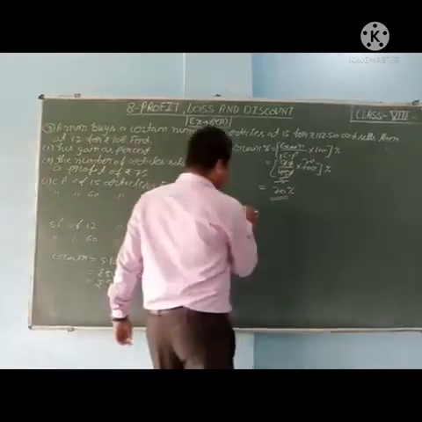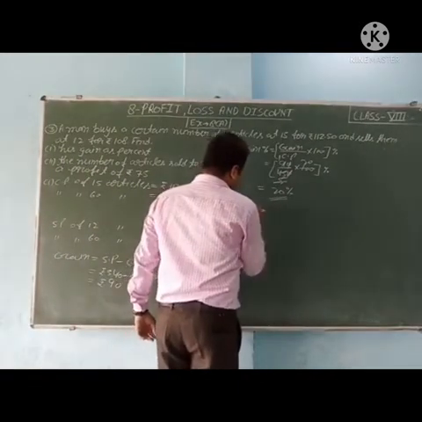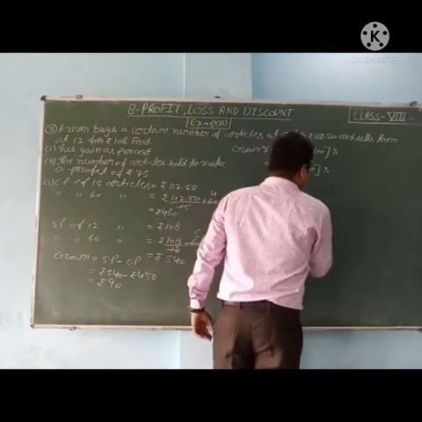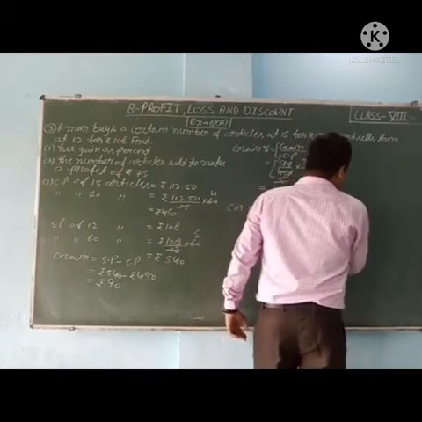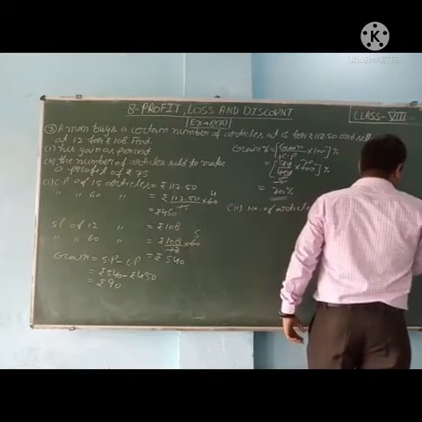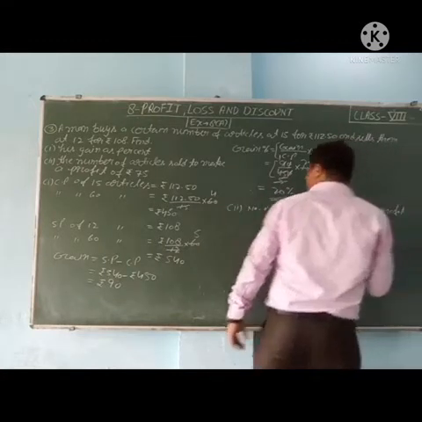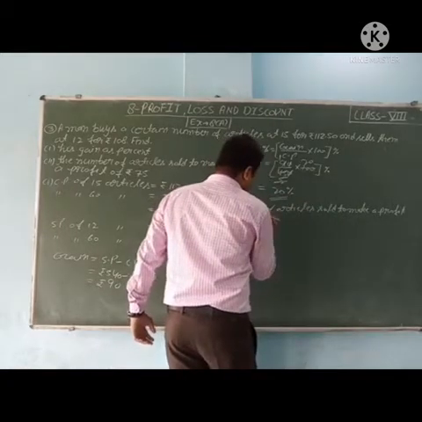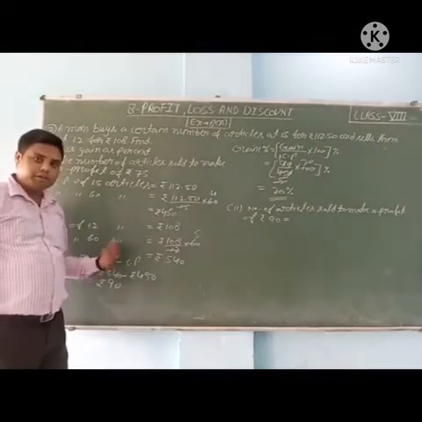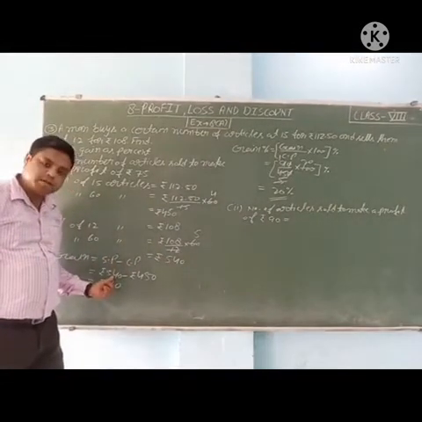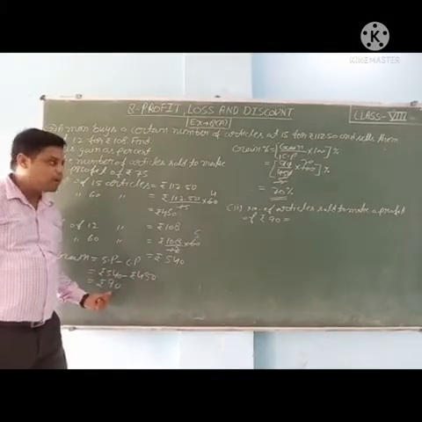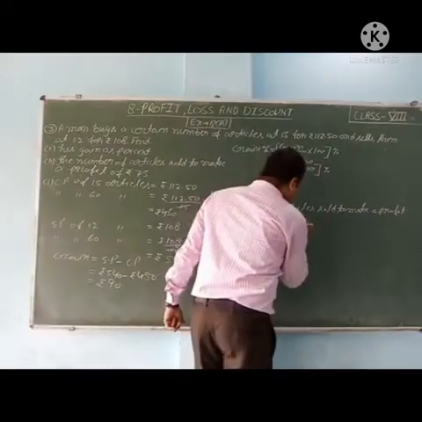So see, second one, number of articles sold to make a profit of rupees 90. For 90 rupees profit, how many articles sold? 60 articles, because it is the SP of 60 articles, it is the CP of 60 articles. So gain on 60 articles is rupees 90.